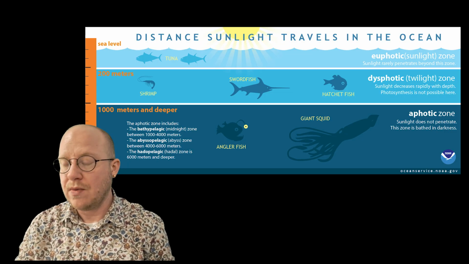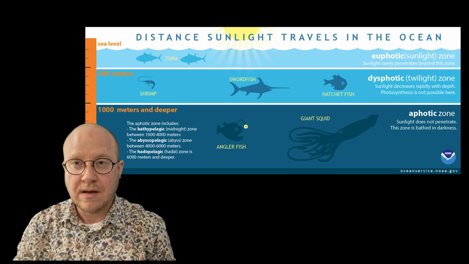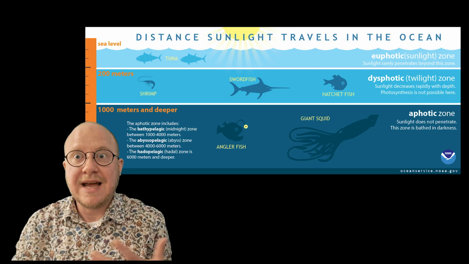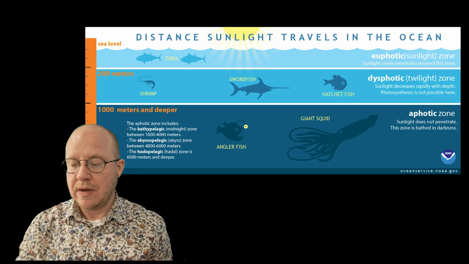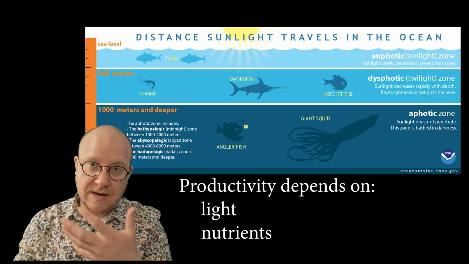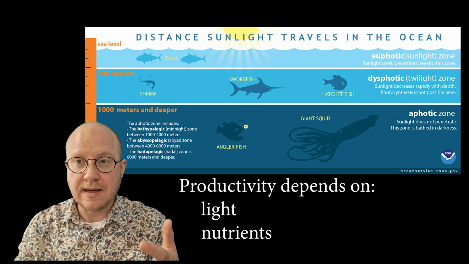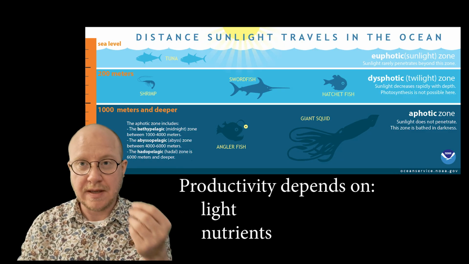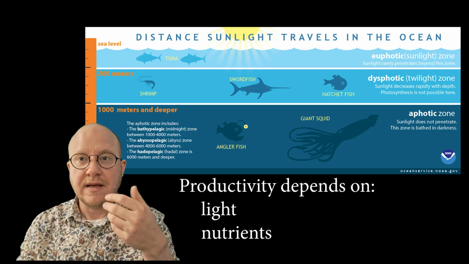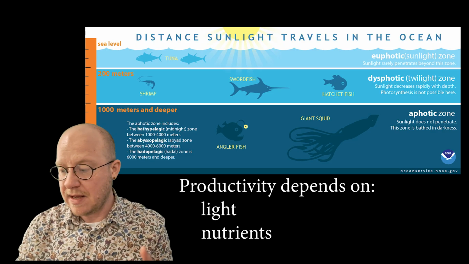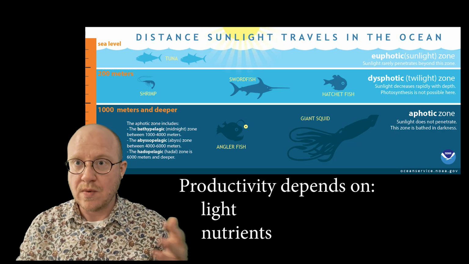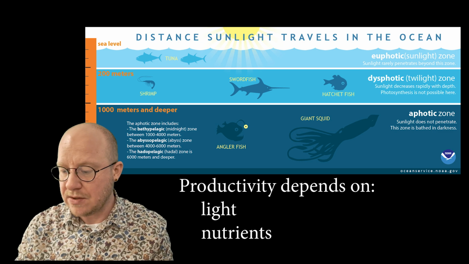Okay, so productivity, how much life is there in the water, is dependent on how deep the sunlight can come into the water, because of course sunlight is needed for photosynthesis in the phytoplankton, and the macrophytes also depend on that. So how deep into the water can the sunlight penetrate?